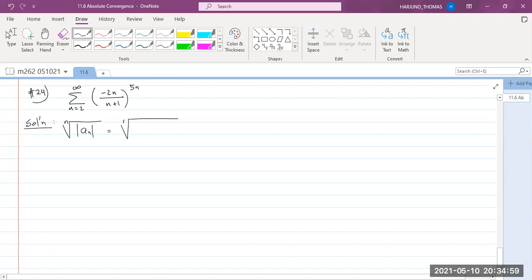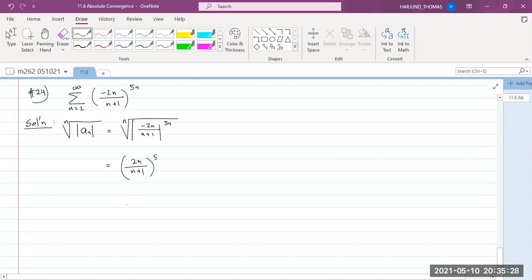This is the nth root of the absolute value of negative 2n over n plus 1 to the 5n. That is equal to 2n over n plus 1 to the power of 5, right?